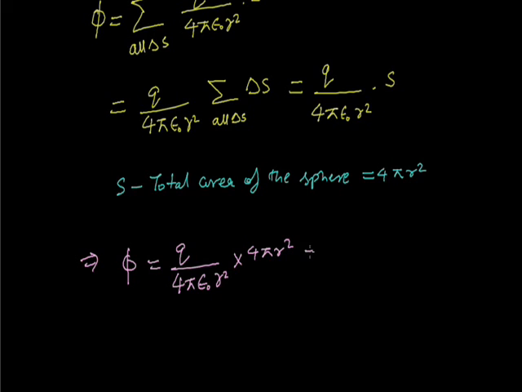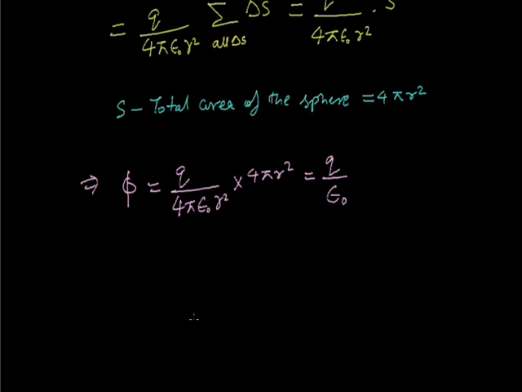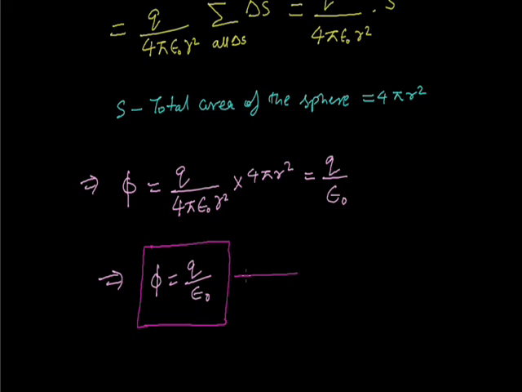This gives q upon epsilon naught. Through this equation we got phi equal to q upon epsilon naught. It's a simple illustration of a general result of electrostatics, and we call it the Gauss law.